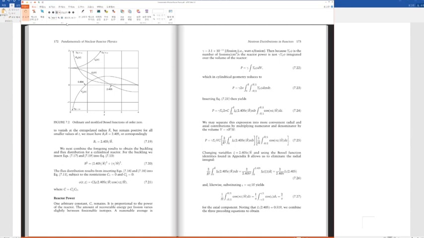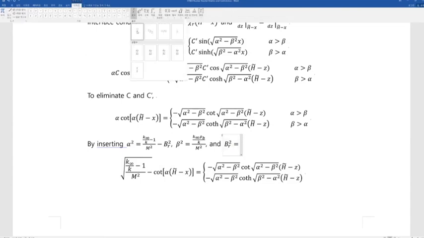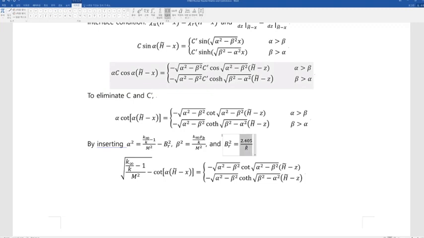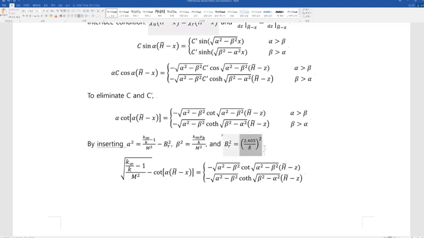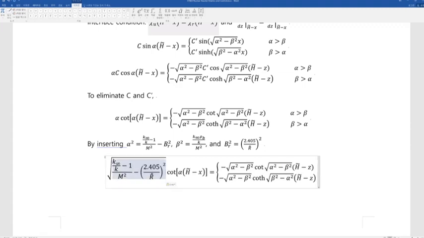So if we utilize that, we always use B_r squared, so 2.405 over R tilde, and the square of this. So now we have what alpha is.